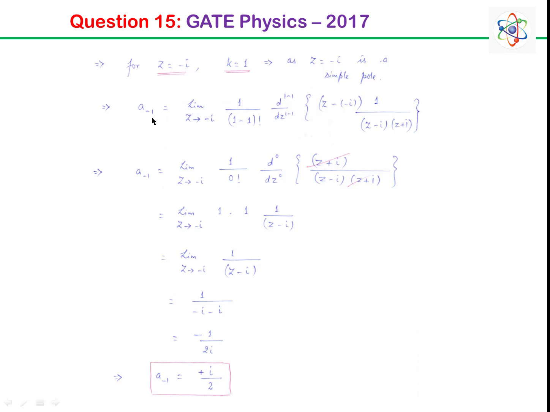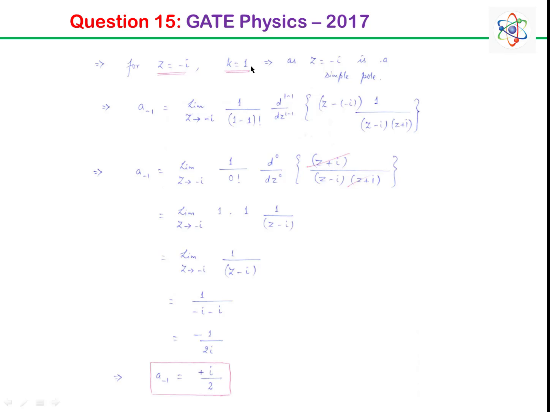Therefore the residue a minus 1 will be given as the limit of z tending to a, which is minus i, of 1 by (k minus 1) factorial, so 1 minus 1 factorial, d to the power of k minus 1, so 1 minus 1, by dz to the power of k minus 1, of (z minus a), which is z minus i, into f(z), which is 1 by 1 plus z square, and that can be written as (z minus i) into (z plus i).